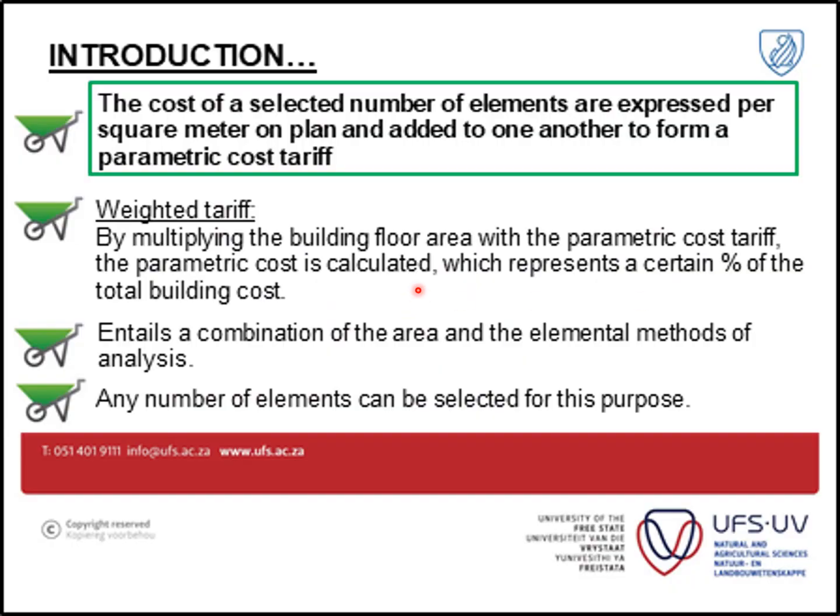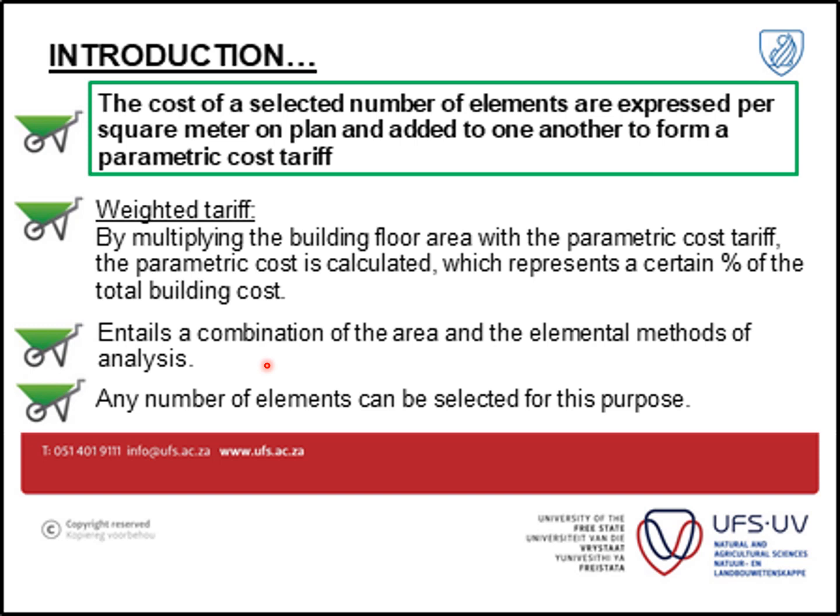The parametric system is where the cost of the selected number of elements is expressed per square meter on plan and added to one another to form a parametric tariff. The weighted tariff is found by multiplying the building floor area with the parametric cost tariff. The parametric cost is calculated, which represents a percentage of the total building cost.